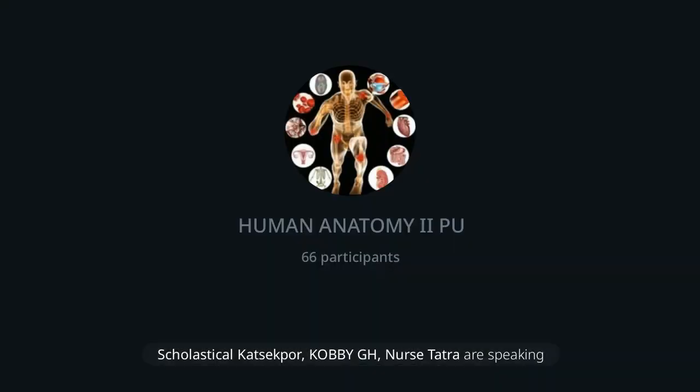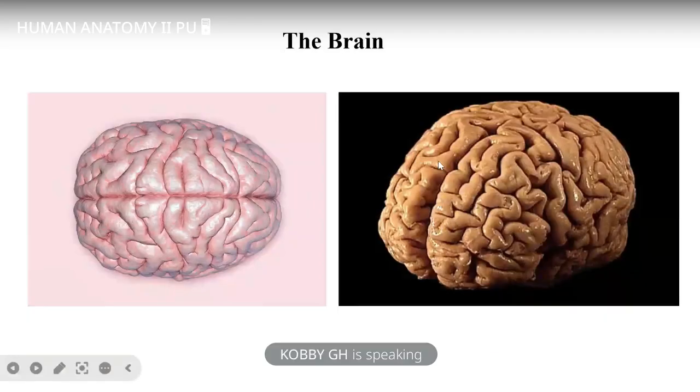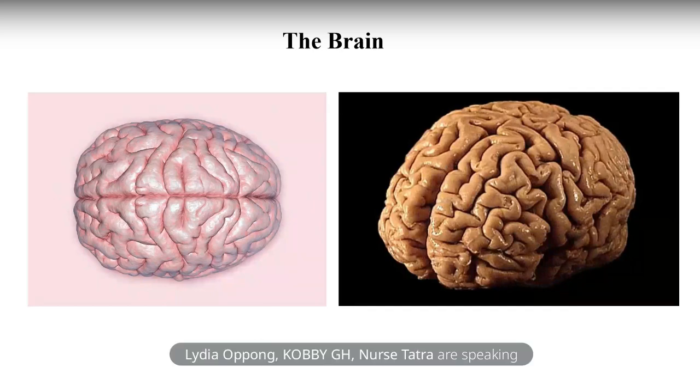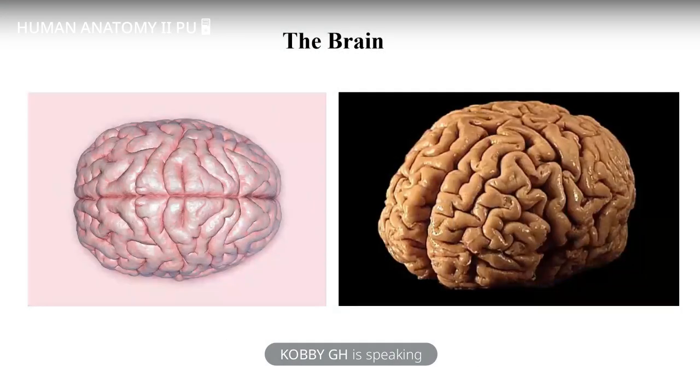So let's say I point over here, what name will you call where I'm pointing? Is it sulcus or gyrus? Gyrus. Where I'm pointing now, is it sulcus or gyrus? Gyrus.